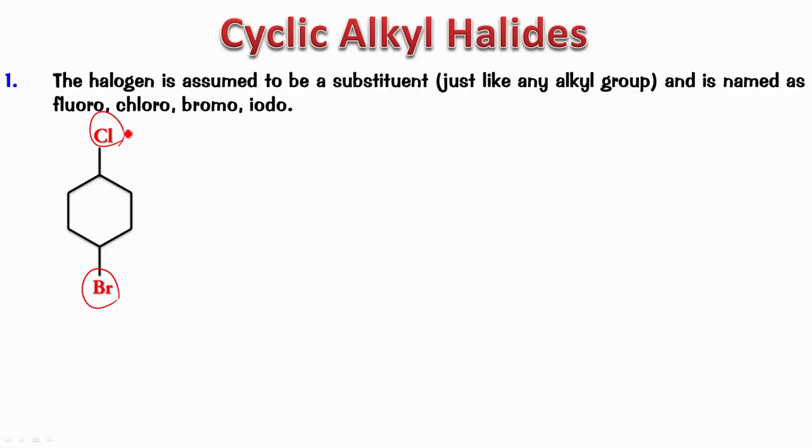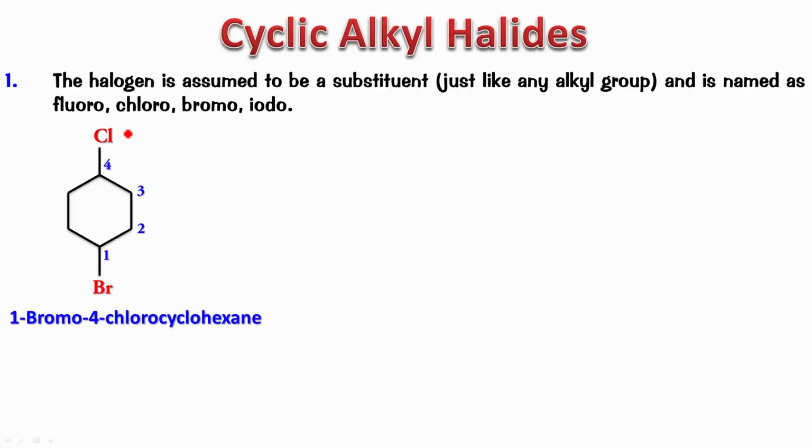In this particular case, 1 should go to the carbon holding the bromine, because alphabetically Br comes before Cl, bromo comes before chloro. So the numbering is done this way. And these are just substituents, so they are the prefixes. So it should be 1-bromo-4-chlorocyclohexane.